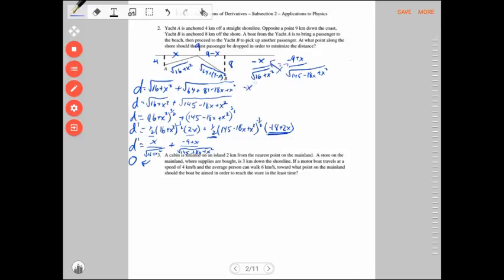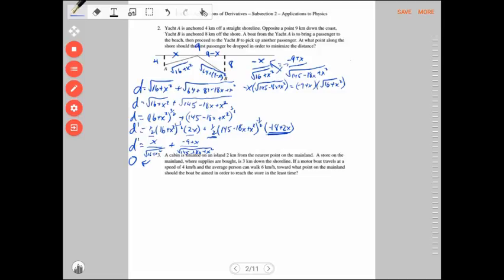So we get negative x times the square root of 145 minus 18x plus x squared equals negative 9 plus x times the square root of 16 plus x squared. So far so good.